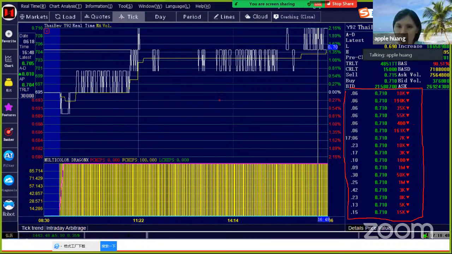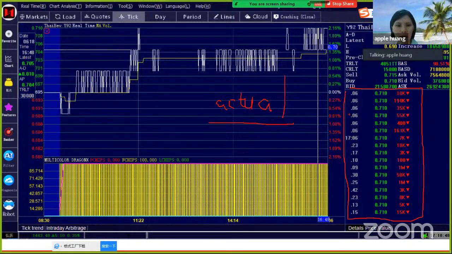The time and scale shows actual transacted volume. It's not those queuing and waiting for transaction. These are actual transacted volume.